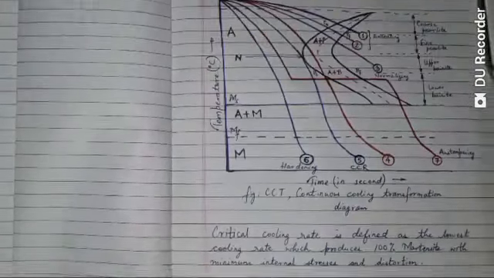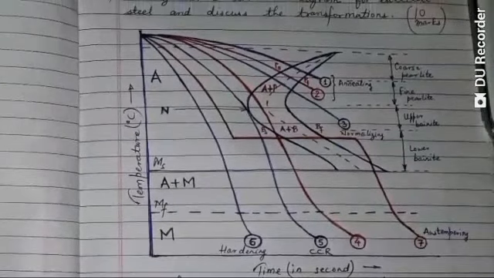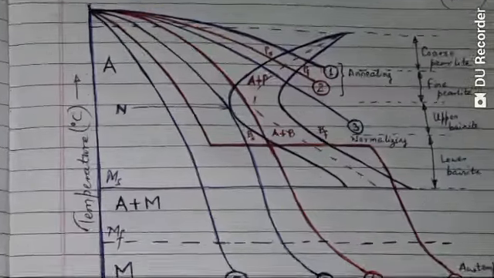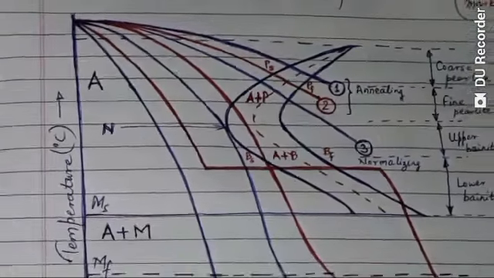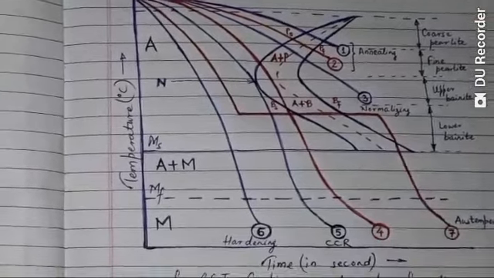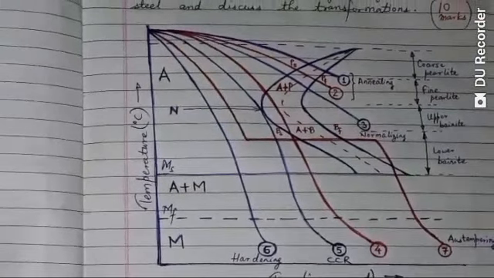internal stress and distortion. So here, as you can see the curve, on the x-axis it is time in seconds and on the y-axis it is temperature. Depending on the rate of cooling, different type of grain structure can be formed. As you can see, when we talk about this curve, which is having a nose, it is the main part of the figure, and then depending on the different rate of cooling, you have annealing, as you can see, number 1 and 2.